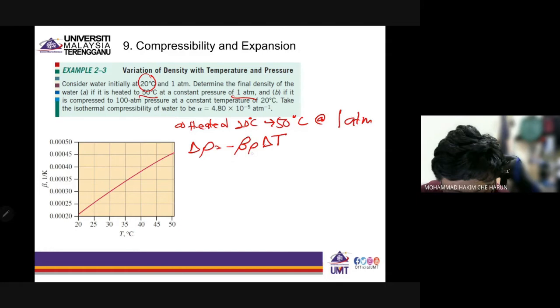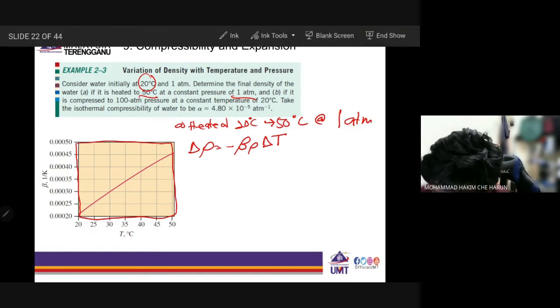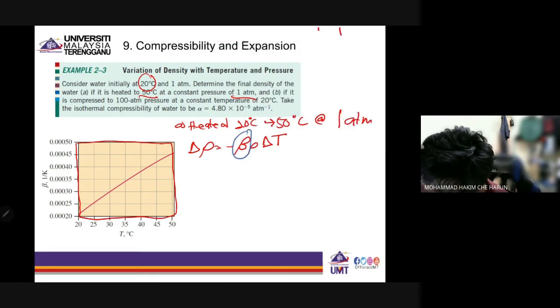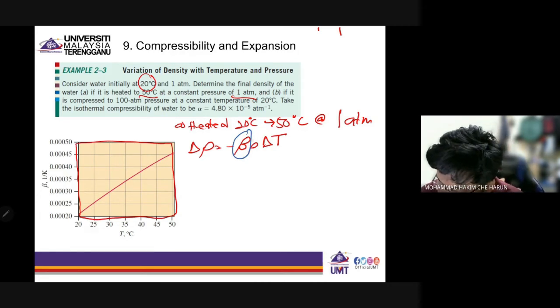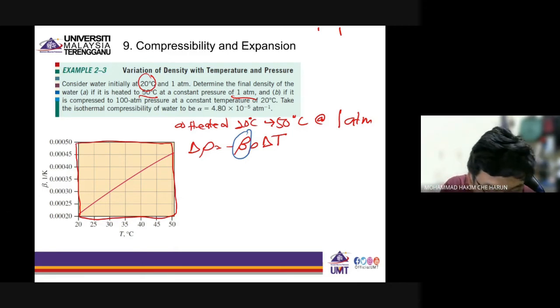Daripada graf ni, kita kena determine what is the value of the coefficient of volume expansion at the respective temperature, for example. Okay, so given at the beginning, the temperature is 20 degrees Celsius, and then it goes to 50 degrees Celsius.